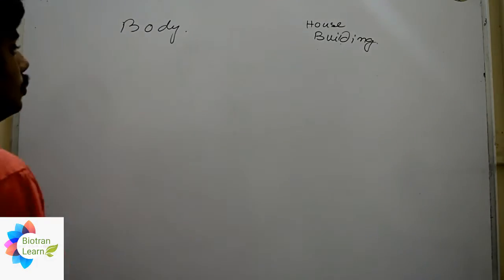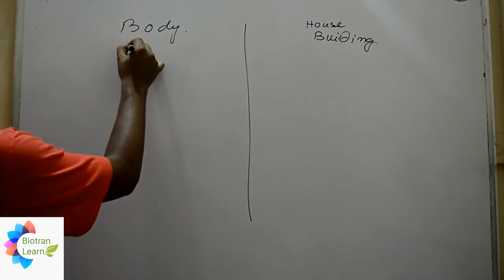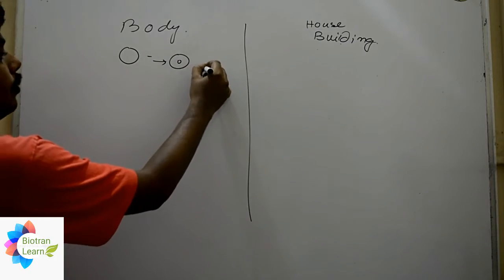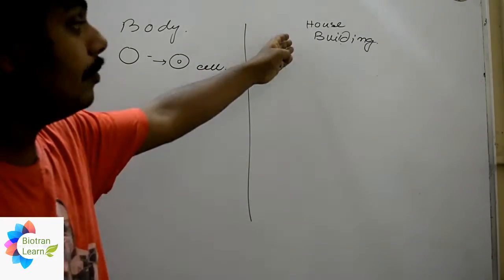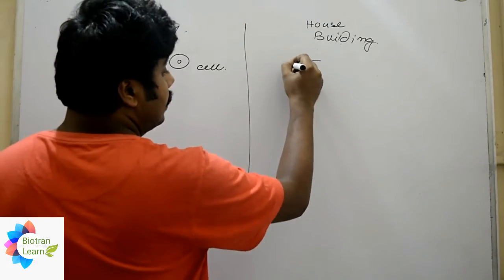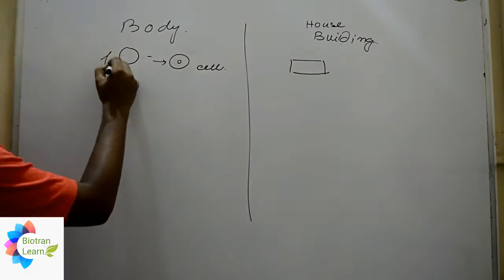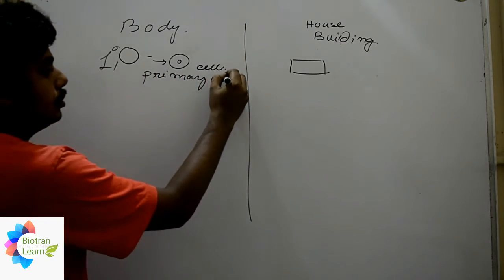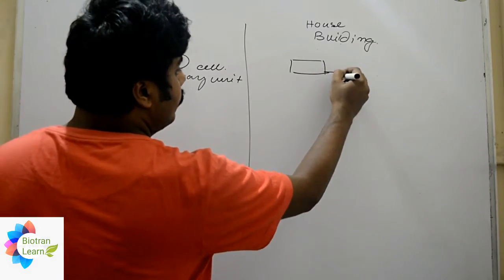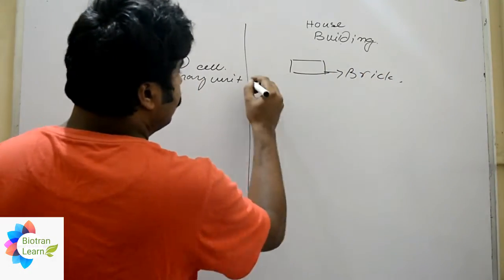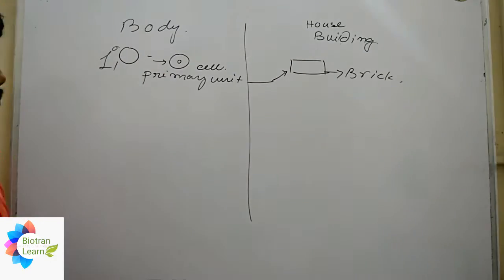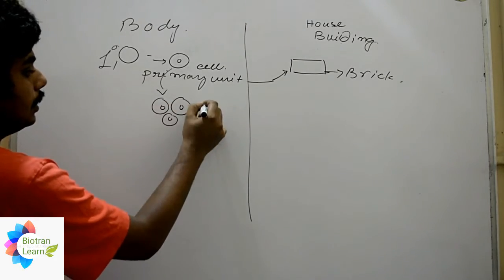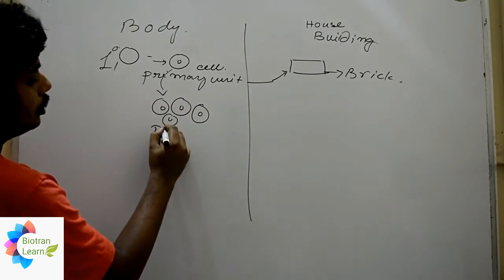Suppose in case of a body, it is made up of a single cell, and in case of a house or building, we can say the primary unit, that is the primary unit, will be a brick. Lots of cells, when they accumulate with one another, form a particular tissue.